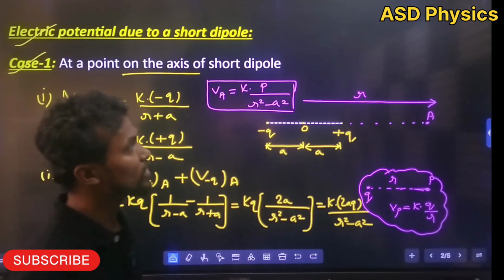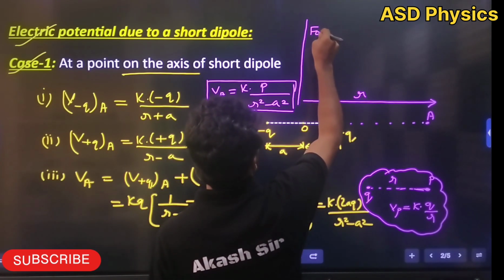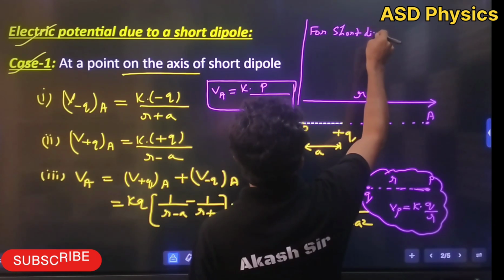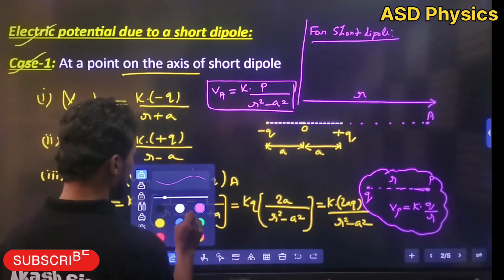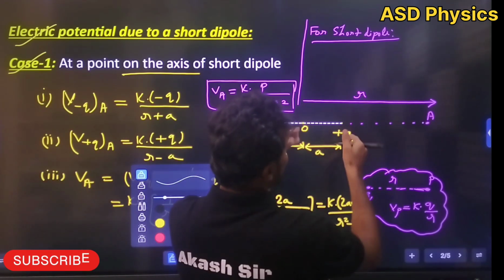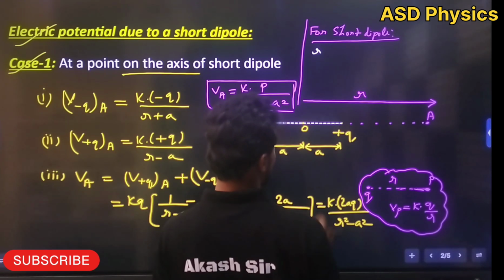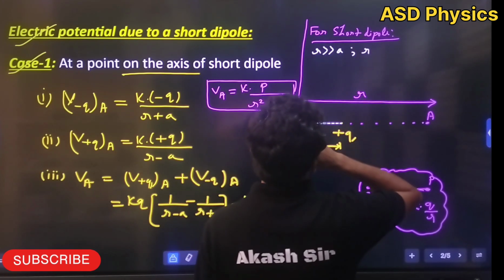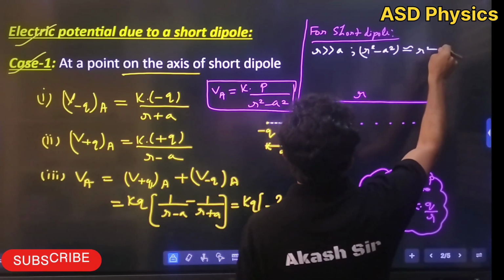But if we think of the short dipole, what will happen? You know very well, for the short dipole this R will be very, very large compared to A. So R is greater than A, and we can say R square minus A square will be approximately R square.